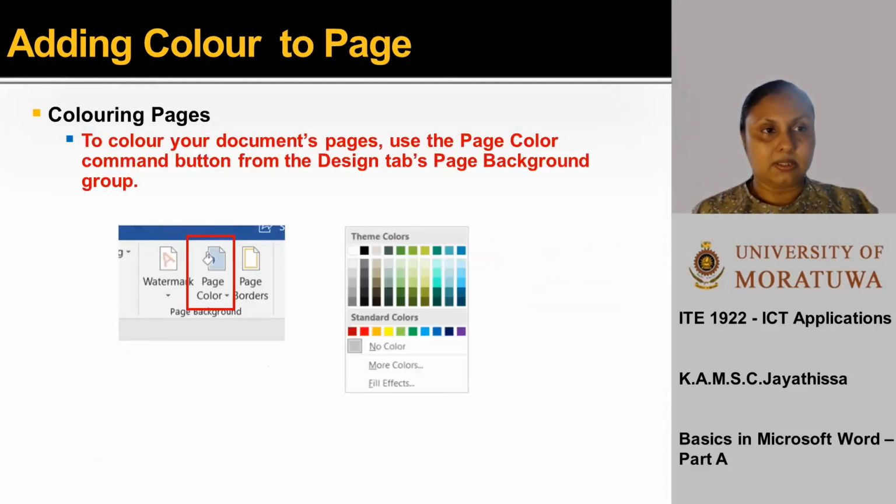Coloring the page: when you want to add color to the page, you can use this page color command button from the Design tab, Page Background group. When you click here, you will get this color dialog box. When you select the color, your entire page gets that color.